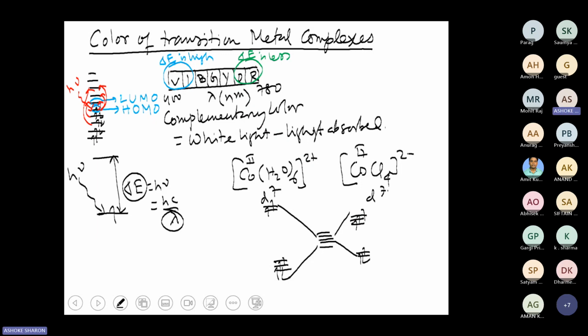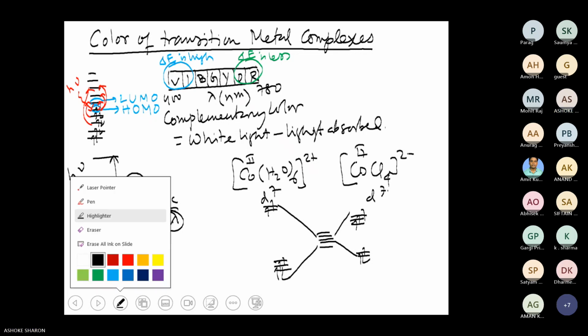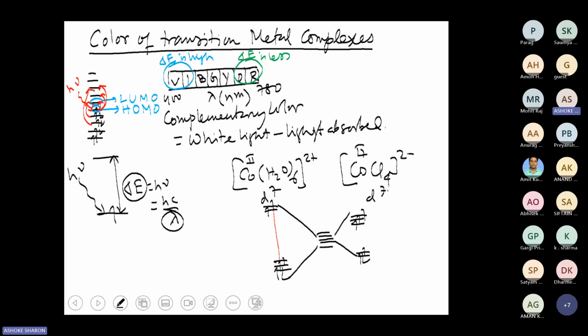For both of them the electronic filling pattern is the same, but we know that this value is delta OH, and this value is delta TD. And what is the relation?